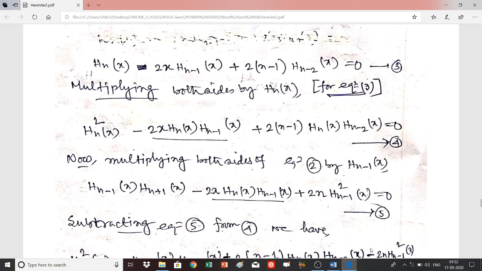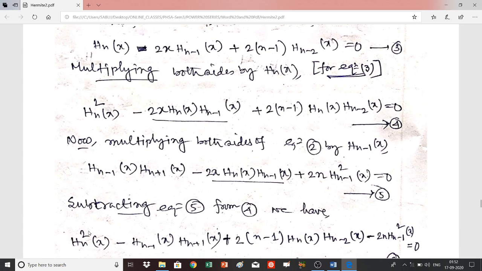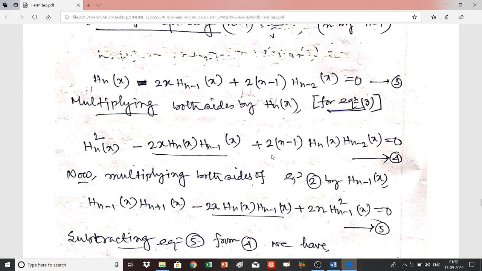It is equation 5. Now subtracting equation 5 from equation 4, this will give you H_n squared of x, minus H_{n-1}(x) H_{n+1}(x), then the term 2x H_n(x) H_{n-1}(x).